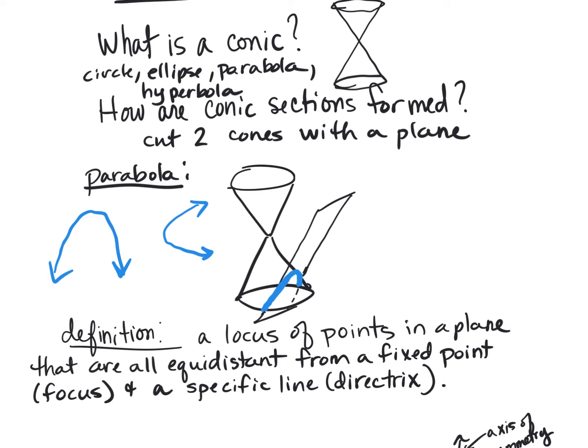Okay, so now axis of symmetry. Axis of symmetry last time was x equals h. This time it's going to be what? Yep. y equals k. Directrix. So now we know the directrix has to be x equals what?